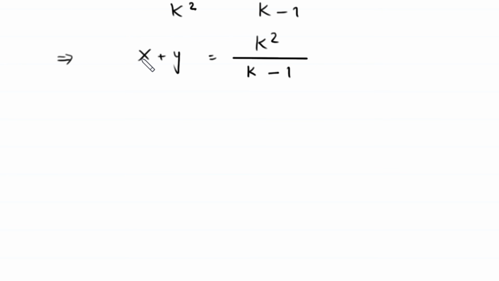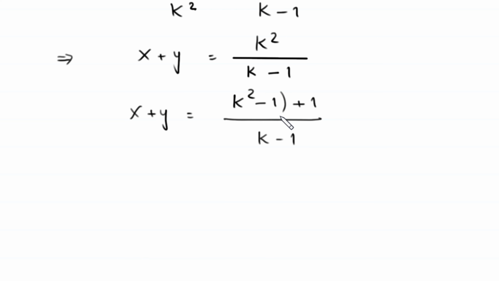Since x is a positive integer and y is a positive integer, x plus y is also a positive integer. And this right hand side can only be a positive integer if k squared is divisible by k minus 1. So now we can rewrite this equation as x plus y equal to (k squared minus 1 plus 1) divided by k minus 1.